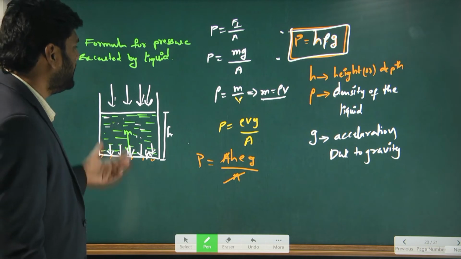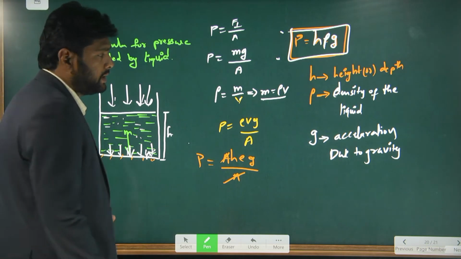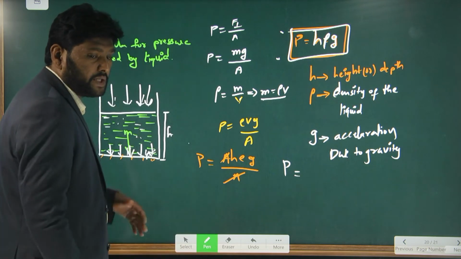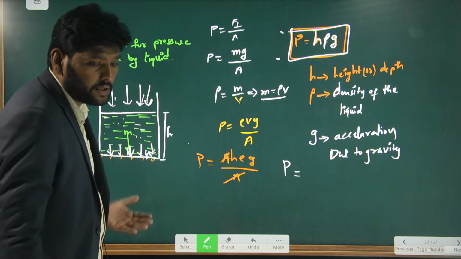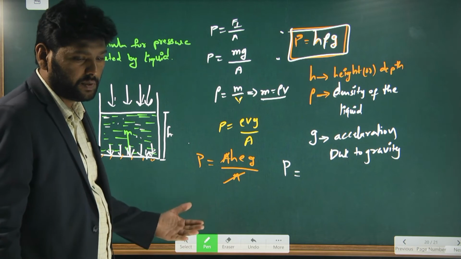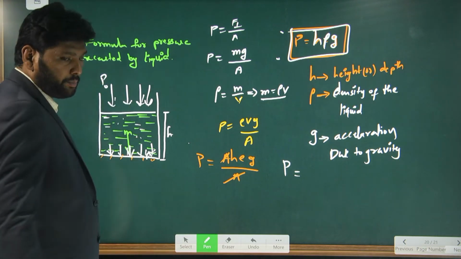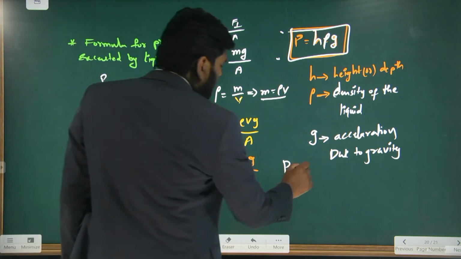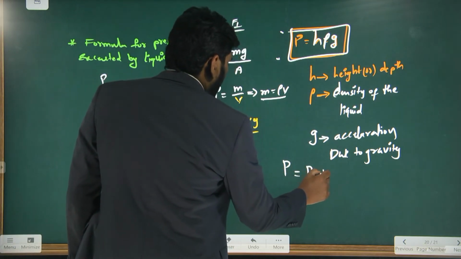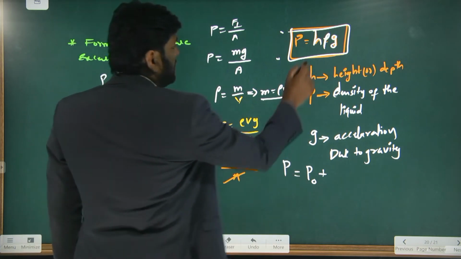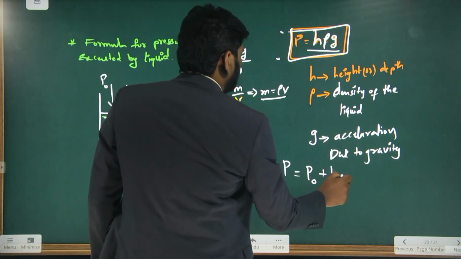The total pressure P is equal to pressure exerted by the atmosphere, P naught, plus pressure exerted by the liquid, which is H rho g.